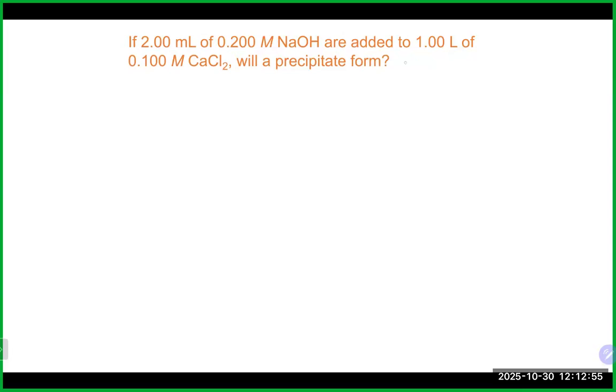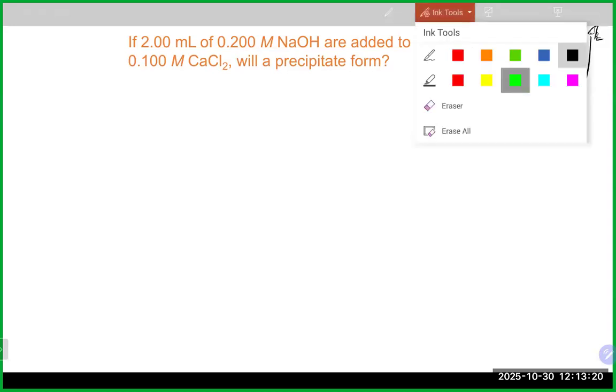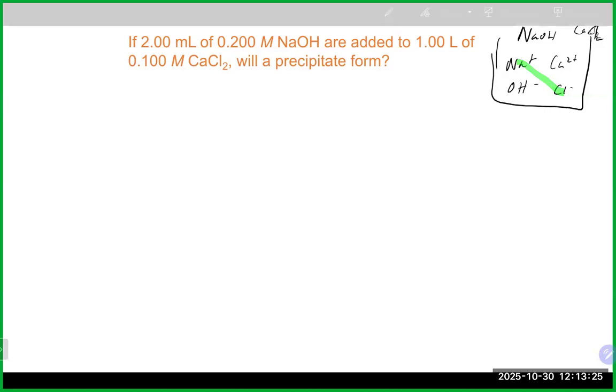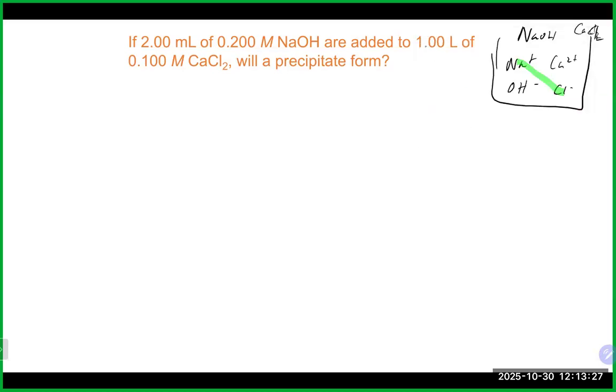We're throwing into our pool sodium hydroxide, a source of sodium ions and hydroxide ions, and calcium chloride, which gives us calcium ions and chloride ions. The only solids that could form are when these swap partners, so these come together, and these come together.